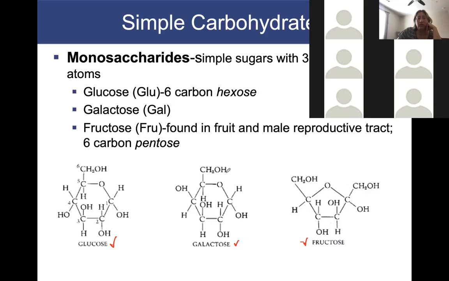Glucose, we will convert everything to glucose in order to pull it into our bloodstream. Fructose is the sugar that's found in fruit. So when you think of fruit like apples, bananas, etc., that's the sugar that's found in fruit. So these 3 are examples of monosaccharides.